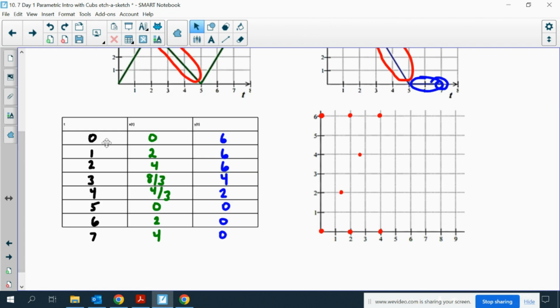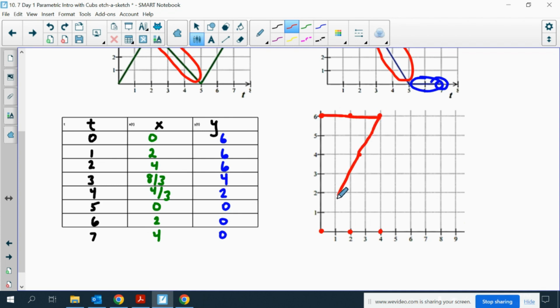So if we actually plot where x and y are with respect to time, this is x of t and y of t, we see the graph moves to the right for 2 seconds, then down and to the left for 3 seconds, and then to the right for the last 2 seconds.